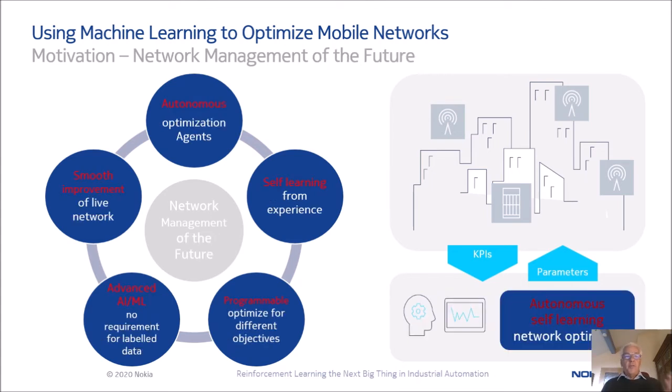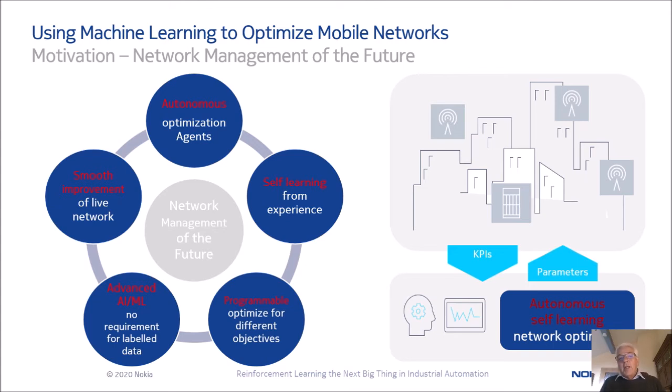So how could this look in the future? In the future, we could replace those hard-coded algorithms, and also a lot of the people doing this optimization, with autonomous self-learning network optimizers. They should certainly be based on advanced artificial intelligence and machine learning methods, especially reinforcement learning methods.